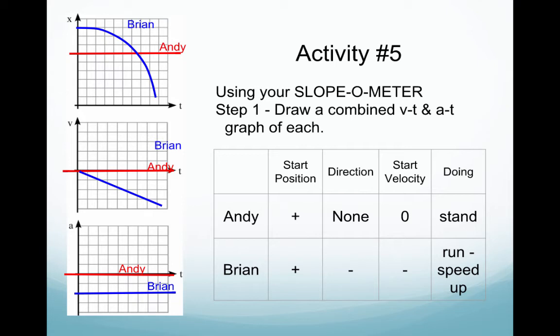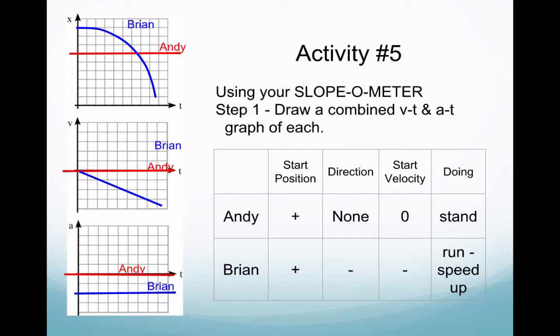In activity number 5, you saw hopefully something that looked like this, where Andy has a starting positive position. He goes in no direction at all. His starting velocity is 0, and he's standing still. But Brian started at a positive position, went in a negative direction. His starting velocity was 0.